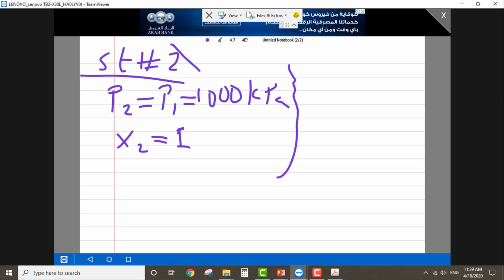So the values that we need is V2 must be equal to Vg. Okay, and the same for U. U2 must equal Ug. Okay, so let me go back to the table.